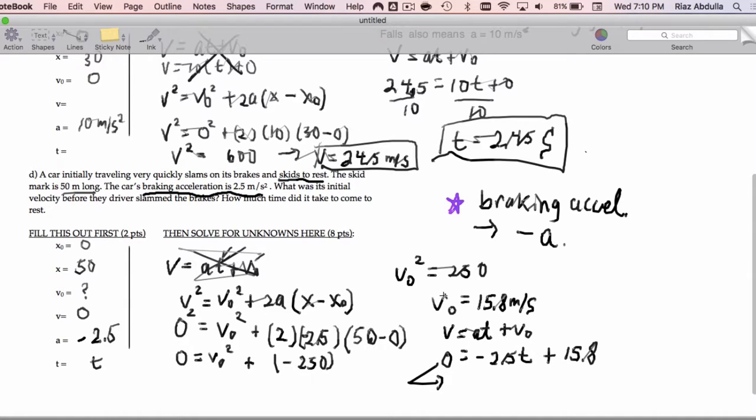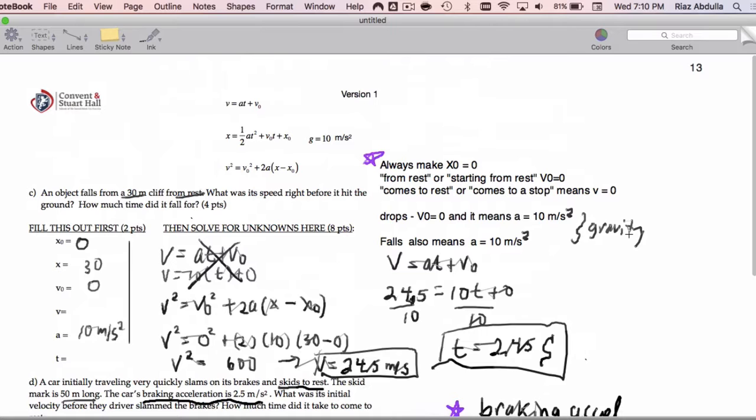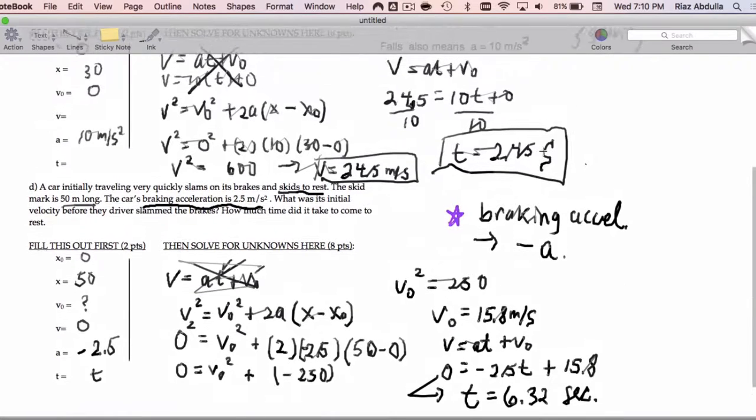You're going to get a time of 6.32 seconds. All right. So that is problem 7, page 2.